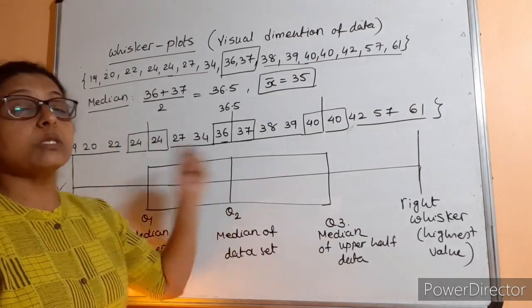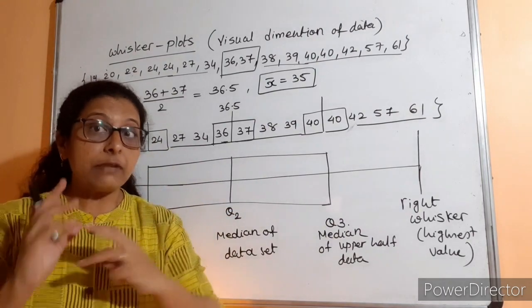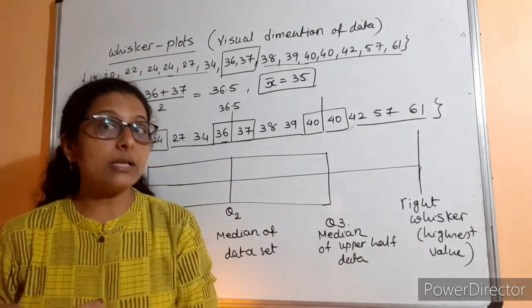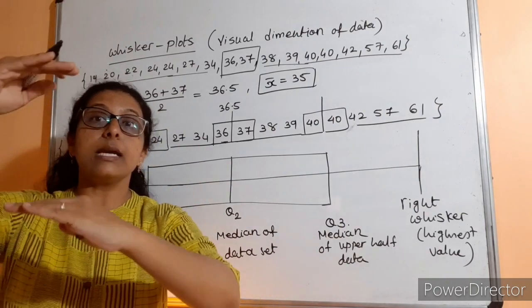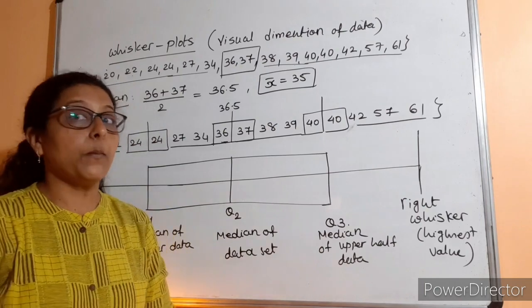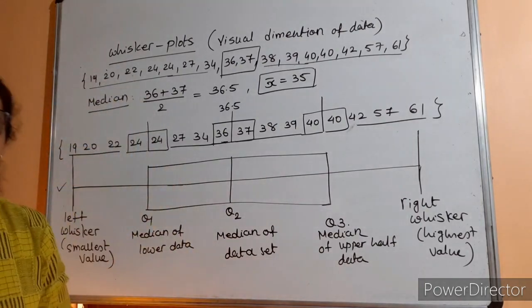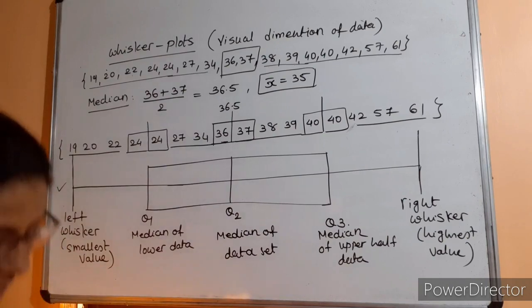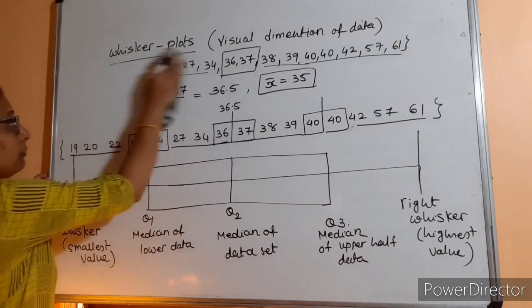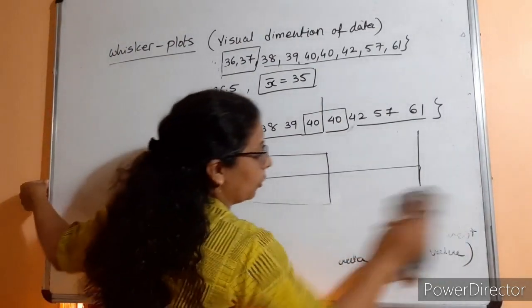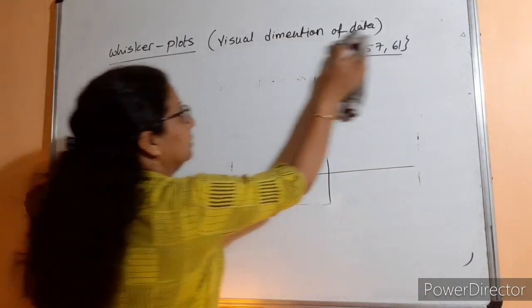We plot 2 or 3 data sets on a single graph paper and then we can compare them. Mostly the whisker plot is used for comparison. How to use that, we will see when we draw two plots on a single paper.